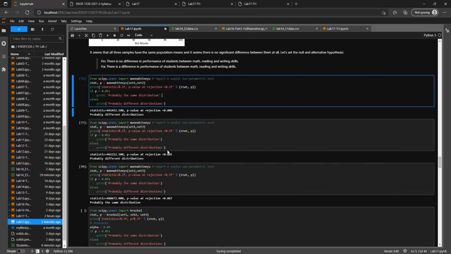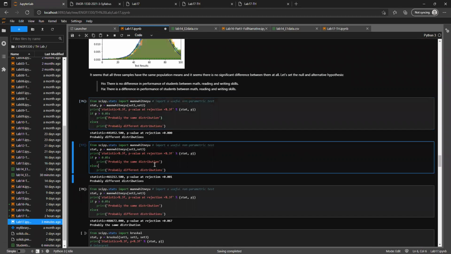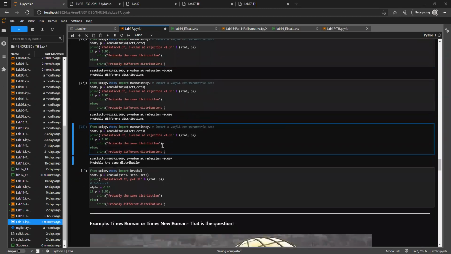So our tests tell us that the 66 versus the other two means that it's probably from a different distribution. It's hard to say. But it also says the same test that the 69 reading versus the 68 writing are probably from the same distribution. This one actually came pretty close, which is probably why it's the exercise.